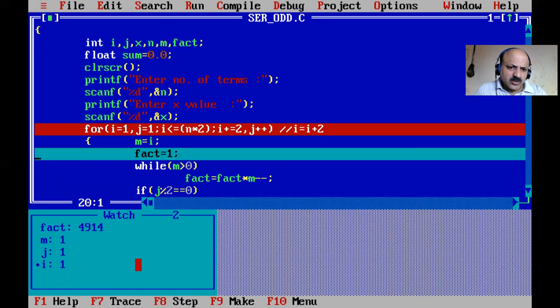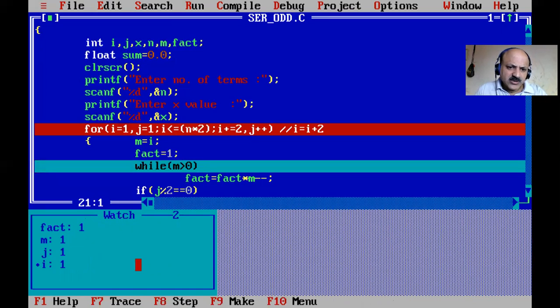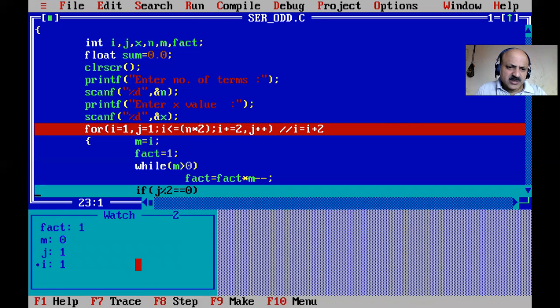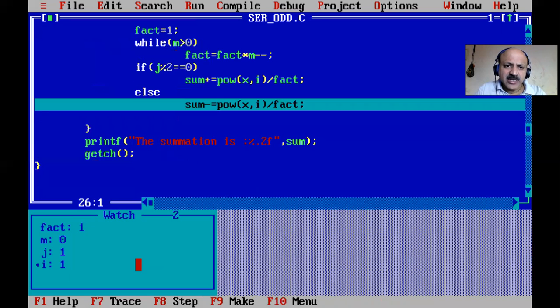So fact is already 1, m is greater than 0, yes, factorial, and m minus minus. So that while loop is complete, and the first term is positive. So j equal to 1, so that is not modulo 0, so it goes directly to minus, yes. So here our first term is positive, but it goes into the negative part.